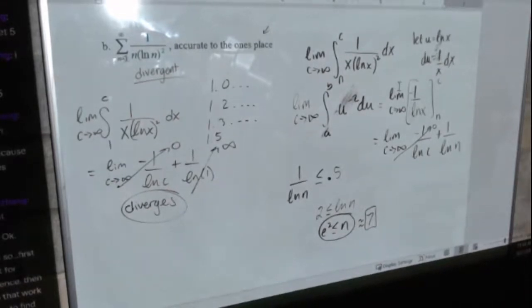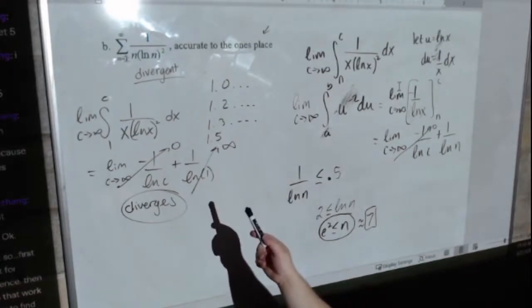First we test for divergence, then we do that work anyway to find the number of terms. So the idea is we have to prove that the series converges. If it converges, then we do this work. So I got ahead of myself. I did this first. I already knew that the series diverged.